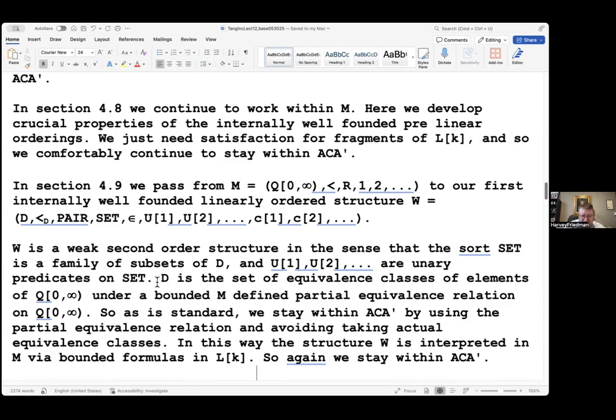D is a set of equivalence classes of elements of Q0 infinity under a bounded M defined partial equivalence relation on Q0 infinity.